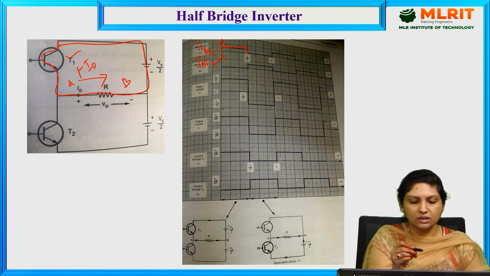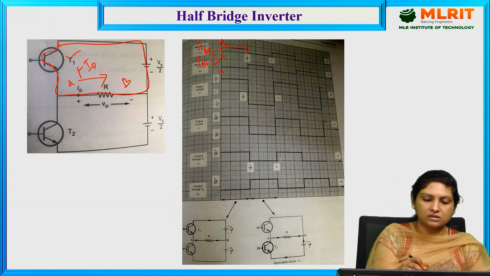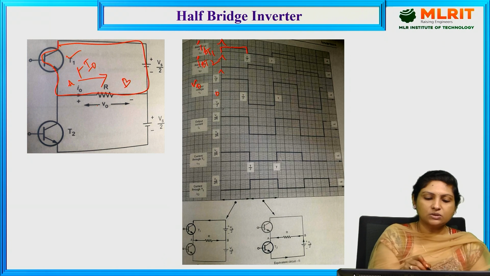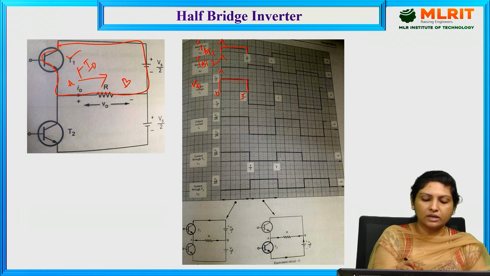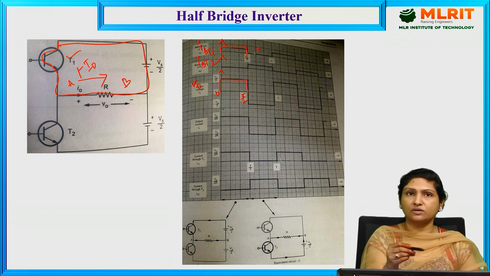Let us observe the output voltage waveform, and this is the output voltage waveform. The moment we switch on transistor 1, at that instant voltage will appear across the load from 0 to the instant T/2, and the moment T/2 is reached, we withdraw the base drive for transistor 1.